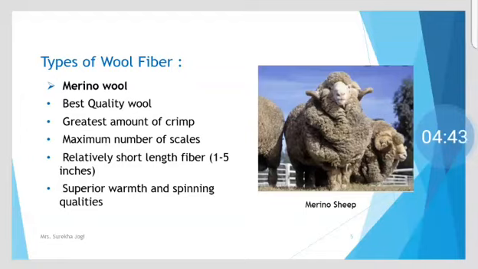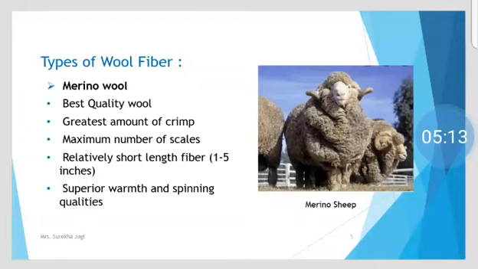The fiber length of merino wool is relatively short, that is ranging from 1 to 5 inches. Always remember, the quality of wool is not determined by its length but number of crimp and number of scales present in it. As merino wool has maximum number of crimp and scales, it is termed as class 1 wool.